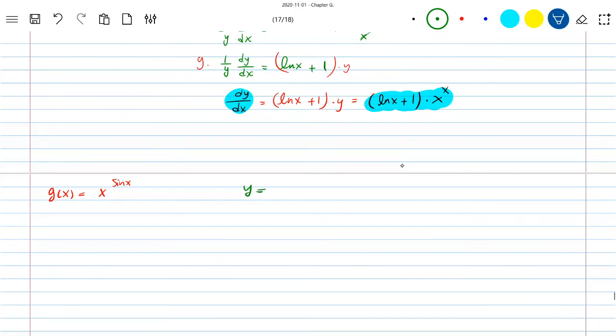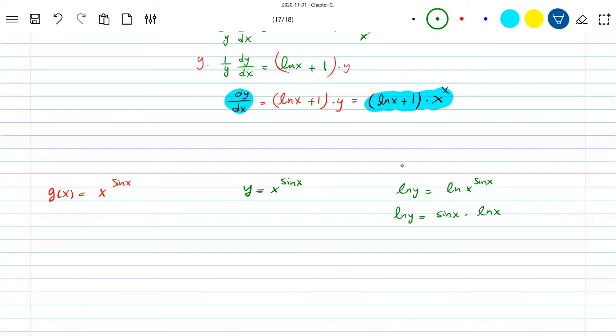First step, you say y equals x to the power sine x. If you're looking for the derivative, then take an ln from both sides. Therefore ln y equals ln of x to the power sine x. You can simplify the right hand side: ln y equals sine x times ln x. You can drag down the exponent.